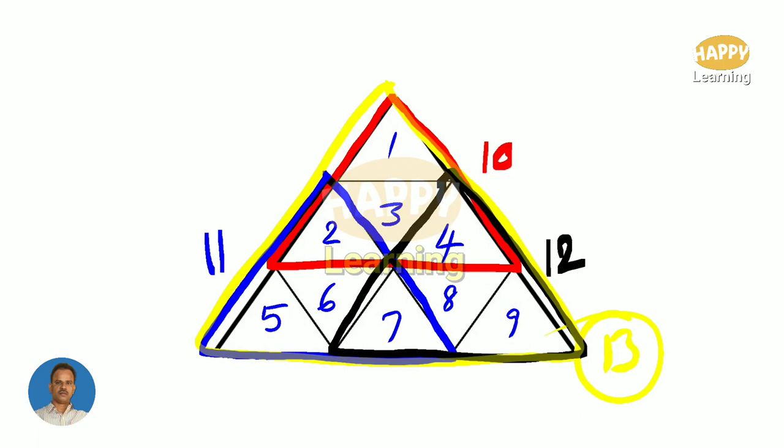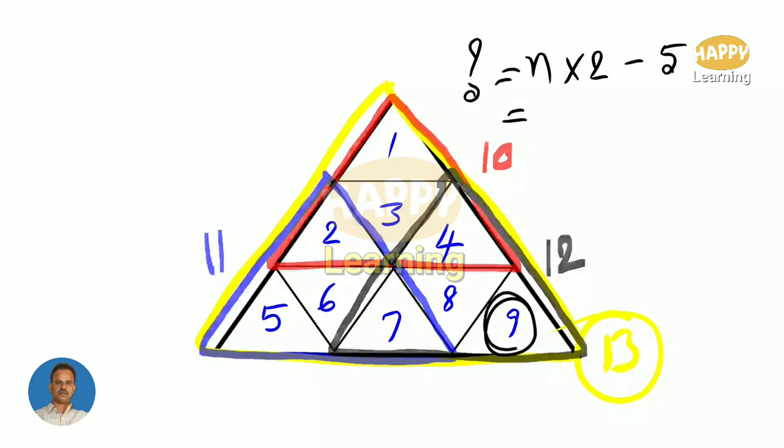So we have 13 triangles in total. This calculation can be done with the formula: total number of triangles is equal to n into 2 minus 5, where n is the maximum number we are able to see here.